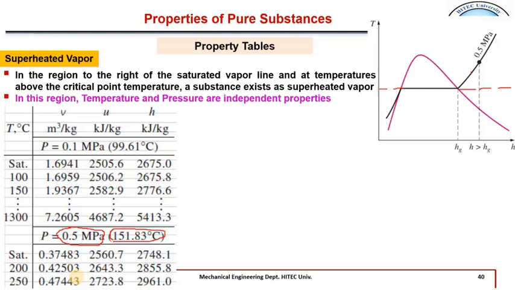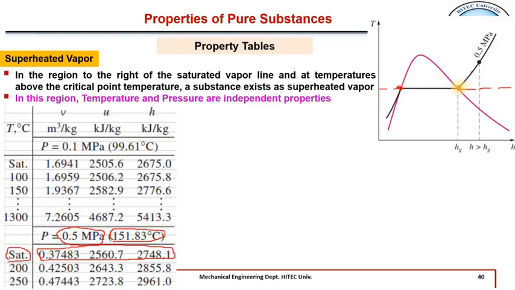On these superheated vapor tables, you will see for every pressure a temperature written in brackets, and that temperature represents this saturation temperature, right? And the first row on these superheated tables gives the v, u, h values for a saturated point.